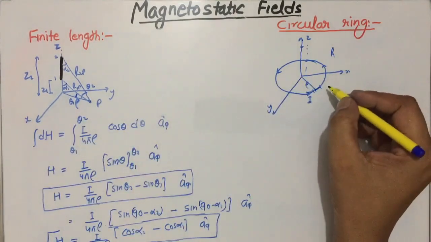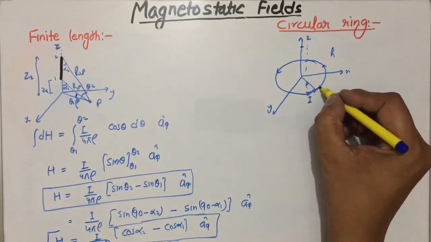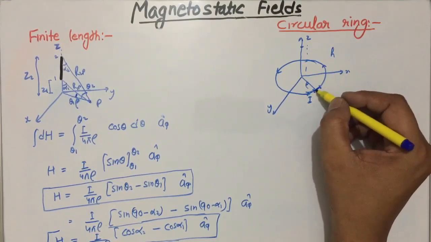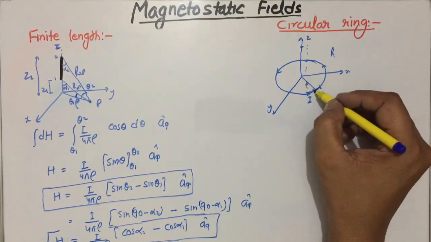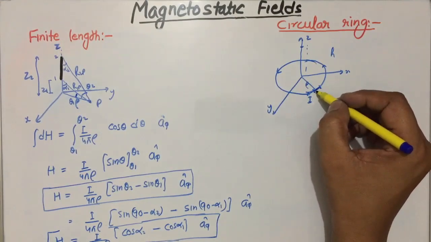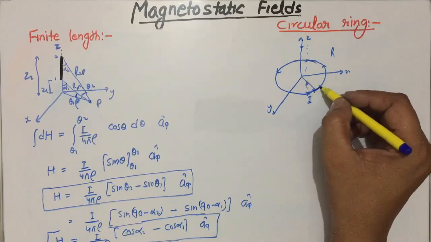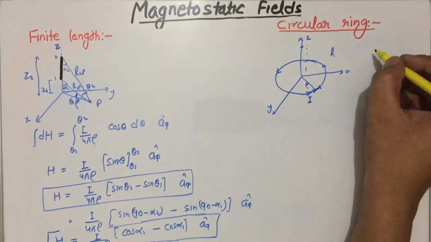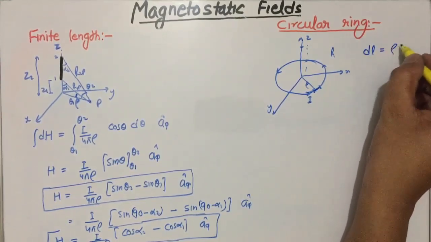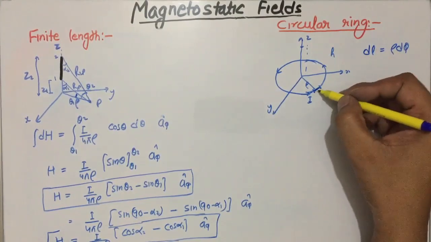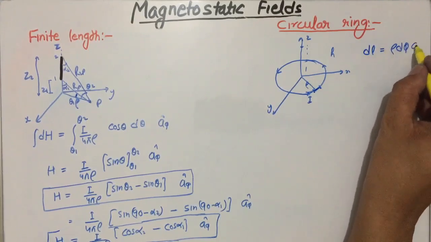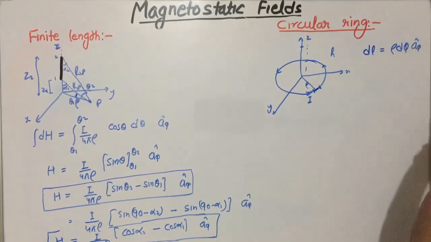If we take a differential length dl, then that can be found as rho d phi, because this will be an arc, and it can be found as radius times the angular displacement for that arc. So in this case, dl will be rho d phi, and its direction will be tangential, in the direction of a phi.